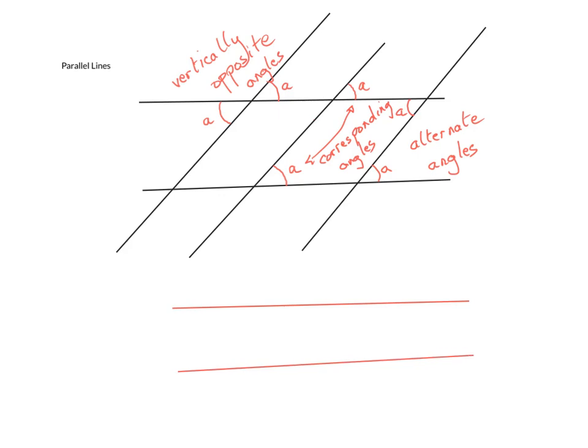Sometimes you'll see these angles marked as the same as corresponding angles, and then they're sometimes called F angles because they make a shape of an F.